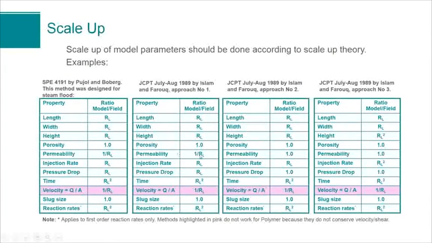And you can see here from these different methods, they're all slightly different, but similar, but none of them preserve velocity. All of them are using 1 over this RL value. The problem is that polymer is velocity or shear dependent. So we need to make some small modifications to these to be able to preserve velocity.